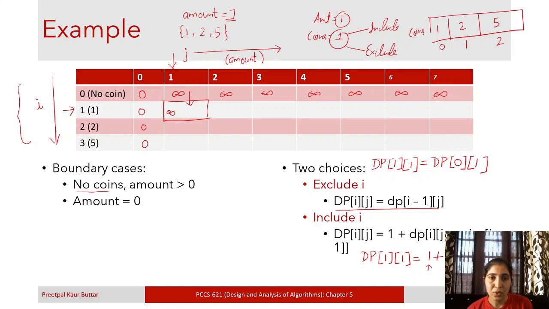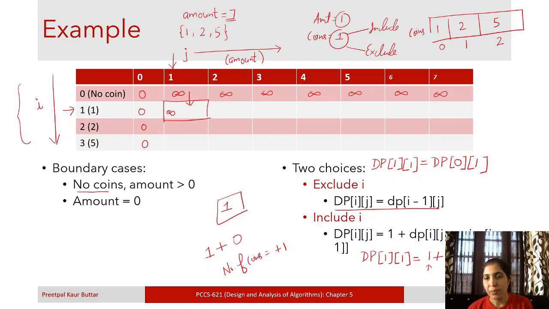What are you doing? You want to make amount 1, and you take a 1 rupee coin. So the number of coins is increased by 1. And what is the amount left after taking this coin? After taking this coin, you are left with 0 amount.